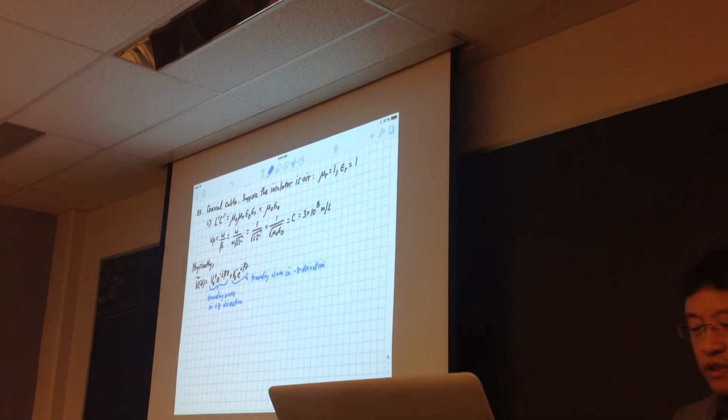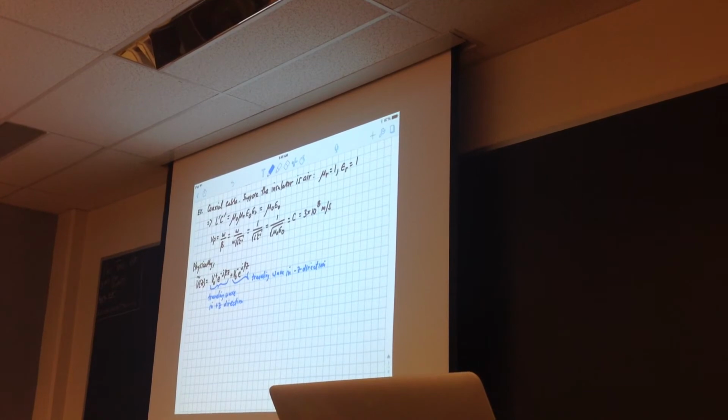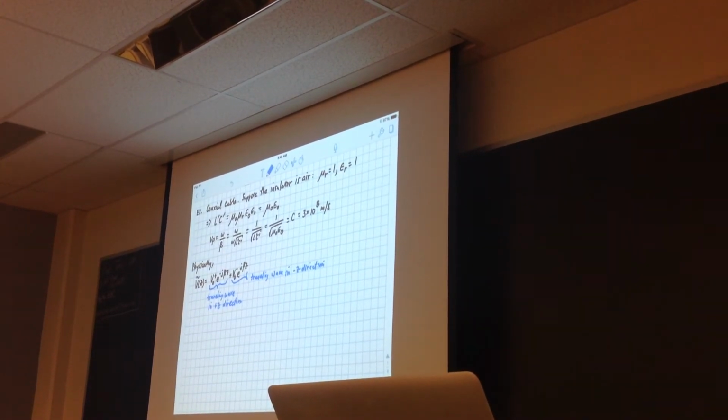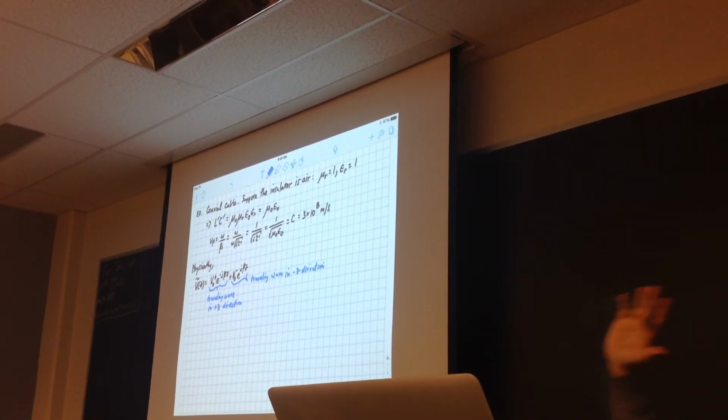Okay, so somebody, if you have one wave moving in the plus z direction and it's a traveling wave, and you have another wave moving in the opposite direction, what kind of wave do you have when you add those two waves together?